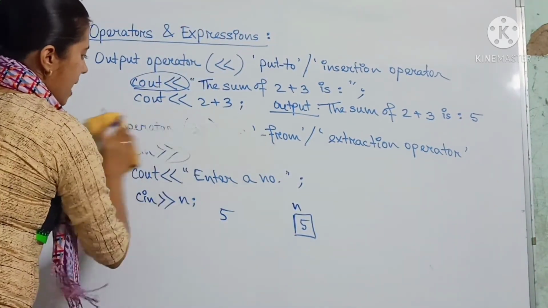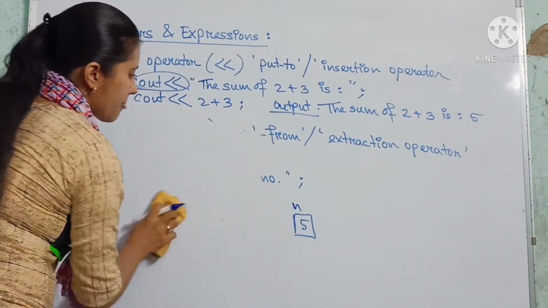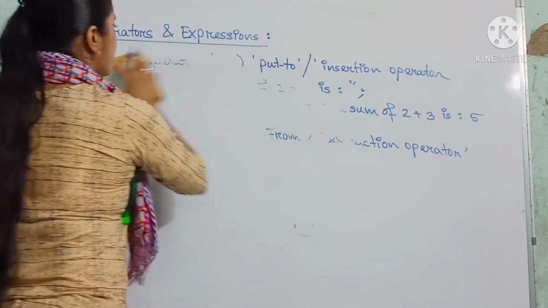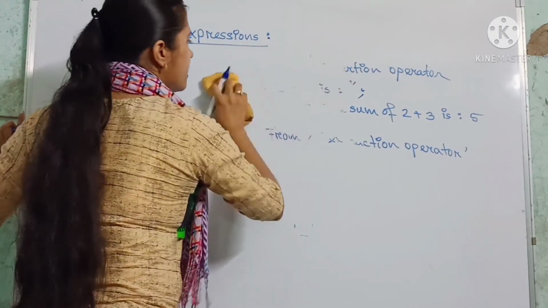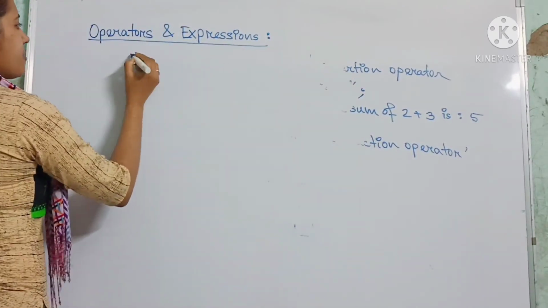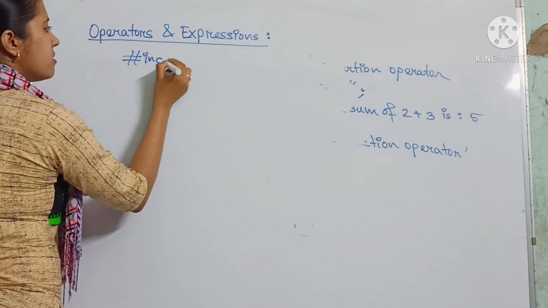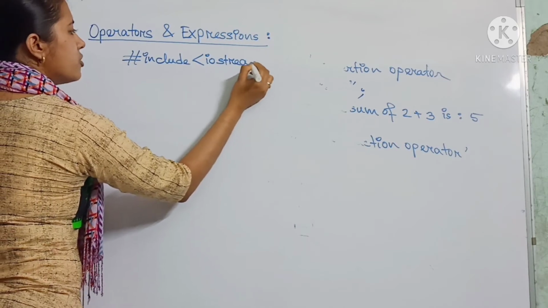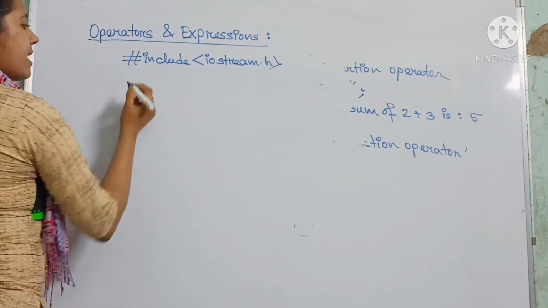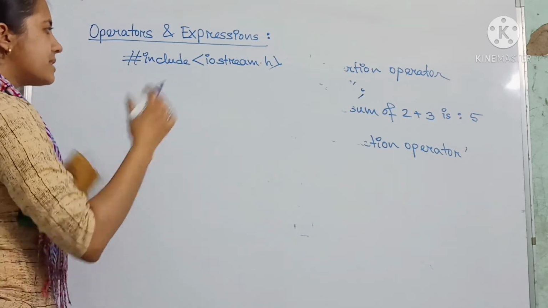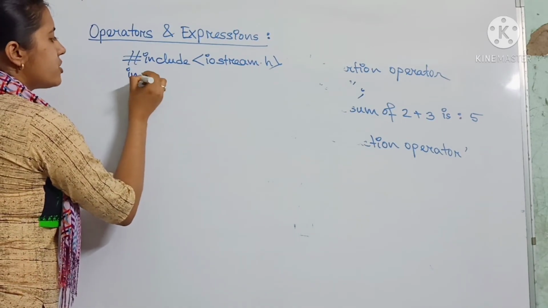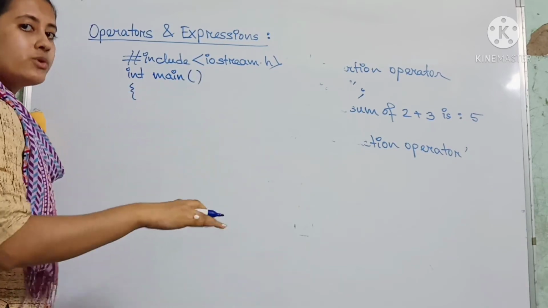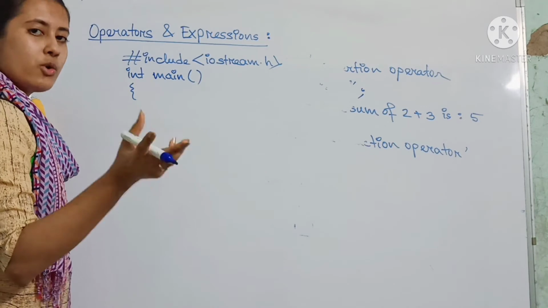Suppose I write one small program here, using this input and output, the put to and get from operators. Suppose #include <iostream.h>, and I have been told that this program should be made so that the user can give two numbers, and the computer will add those two values.